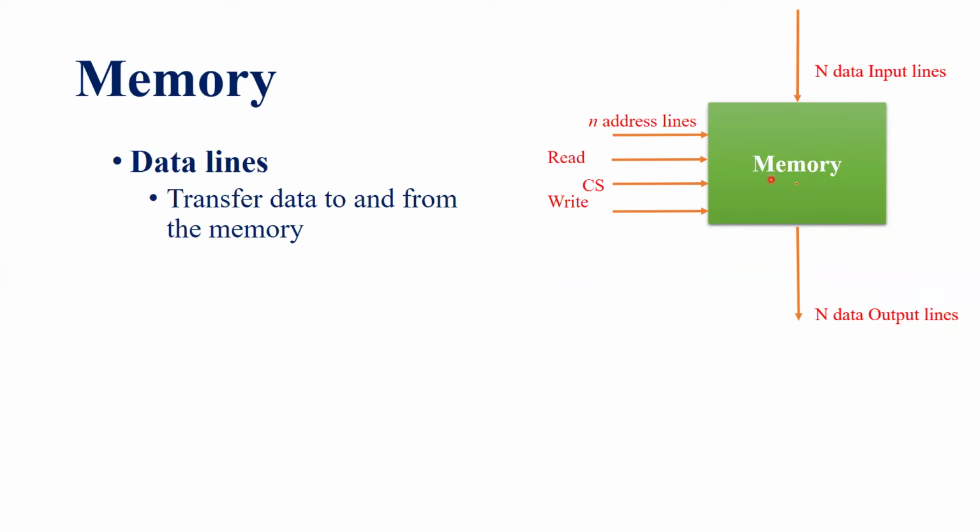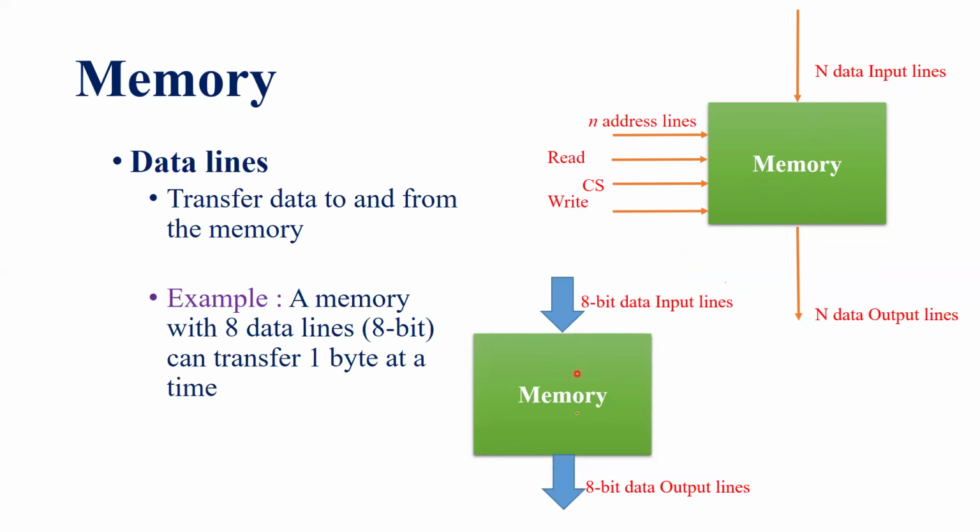When you want to put data inside the memory, you perform the write operation, and during this you transfer n bits of data through these input lines inside the memory. However, when you perform a read operation, it means you are reading the data out of the memory through these n data output lines. That's what the data lines are used for.